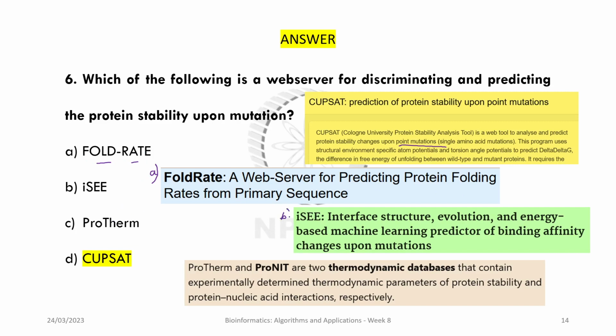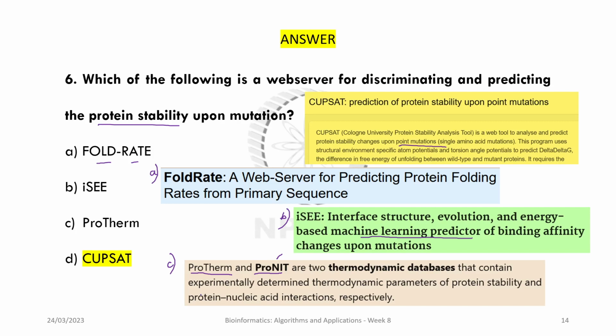Then there is the interface structure, evolution, and energy based machine learning predictor of binding affinity changes upon mutation. So we're talking about protein stability upon mutation and not changes in affinity. Therefore, B is wrong. And option C, ProTherm, which you are very familiar with. ProTherm and ProNIT are two thermodynamic databases that contain experimentally determined thermodynamic parameters of protein stability.